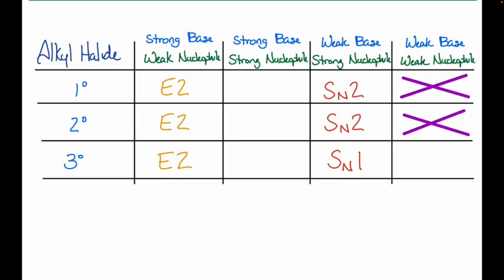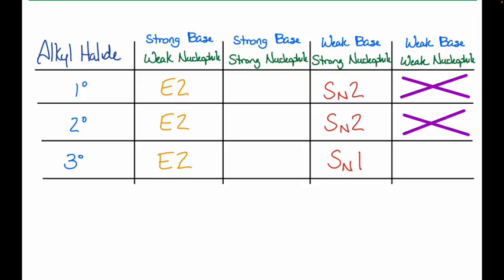They're not good enough at being a base to do an E2 reaction. They're not good enough at being a nucleophile to do an SN2 reaction. So the only thing that they will react with are our tertiary alkyl halides. And that's because these tertiary alkyl halides can form carbocations, which are really good electrophiles, really good at accepting pairs of electrons. So they can react with these weak reagents.